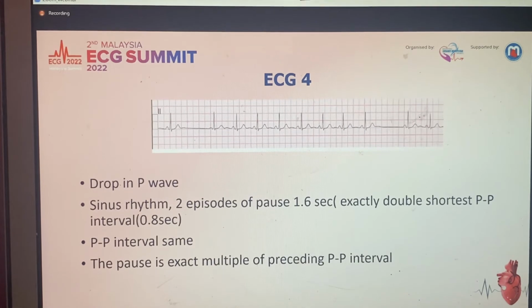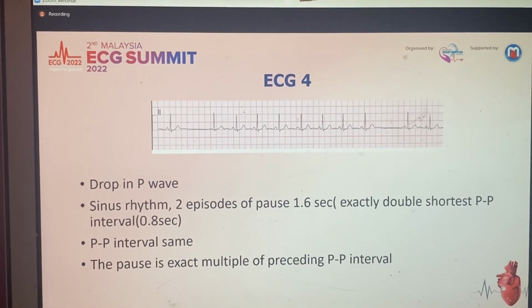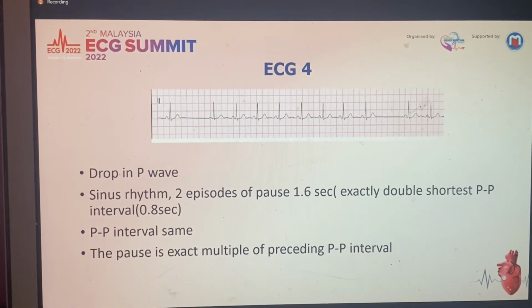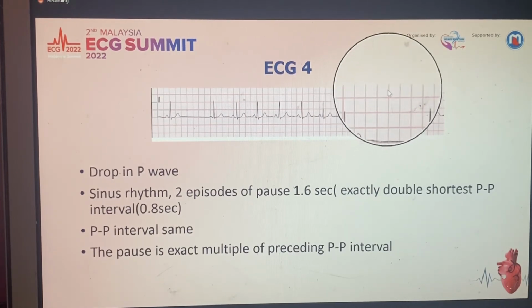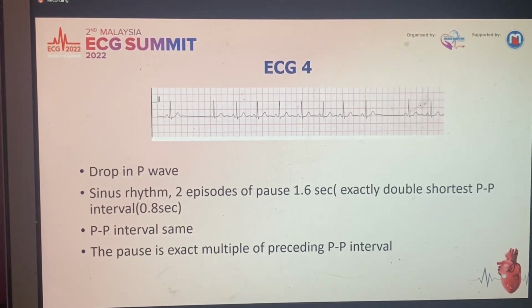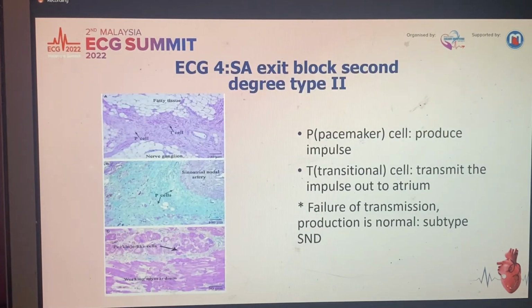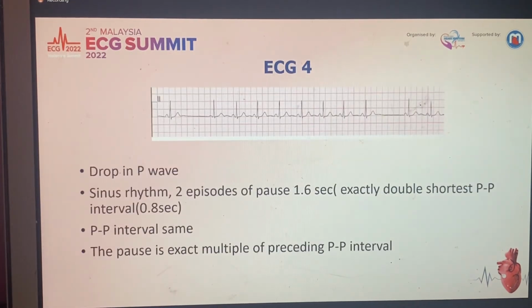So the P to P interval is the same, and the pause is double the P to P interval. So we get sinoatrial exit block, second degree type 2.